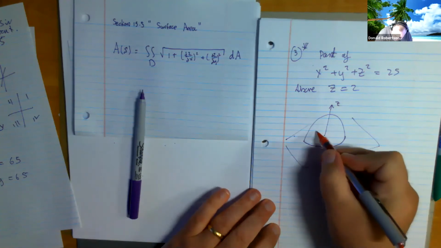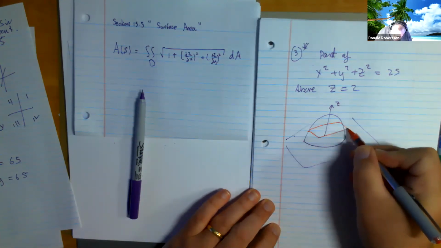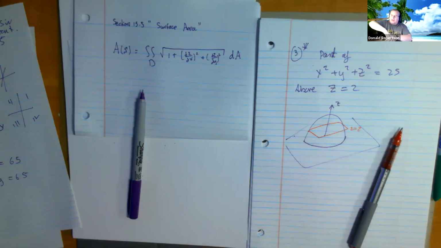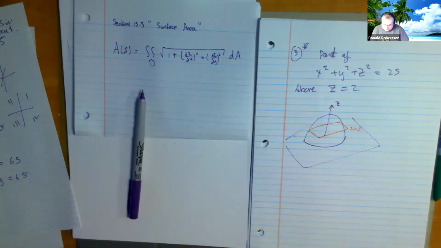Can you imagine if you cut this shape at z equals 2? What you're getting isn't an entire half a sphere. Aren't you getting just a little bit that's left over on the top? So our surface area is that piece there.